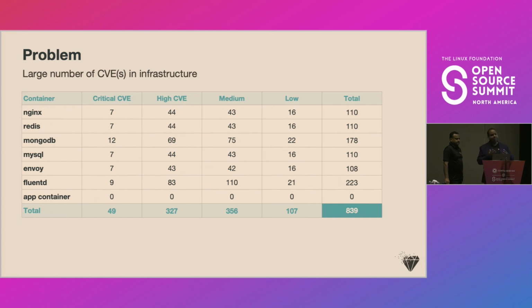But when we deployed our application in a cloud-native fashion with Envoy as the edge proxy, Nginx for our UI containers, and SQL and NoSQL databases, and we were supposed to scan the infrastructure, we saw 830 plus vulnerabilities. I'm assuming all of you have also run into a similar problem where we can control our own application and come up with 0 vulnerabilities. But what do I do with the code I don't own?